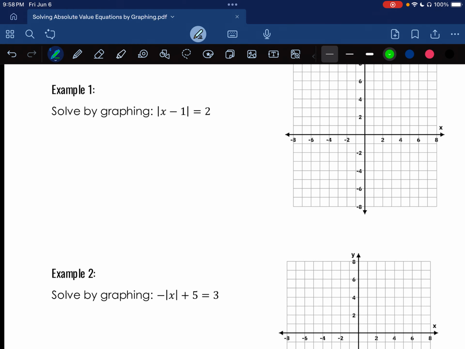So let's look at solving by graphing here. We're going to do this in three steps. The very first thing we're going to do is graph the left-hand side, the absolute value of x minus 1.